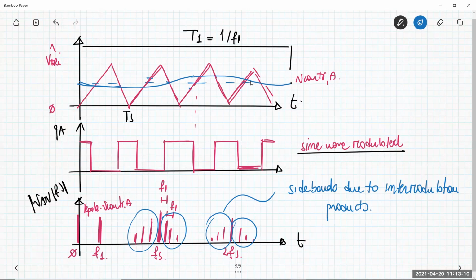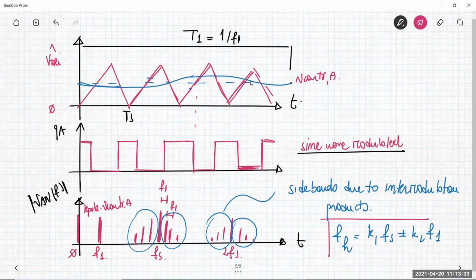The frequencies here are indicated like Fh, where H is the number of this harmonic, is K1 Fs plus or minus K2 F1, where K1 and K2 are integers, and then you have this kind of description. So you can see here the output spectrum is a little bit complicated, okay, is full of harmonics, etc.